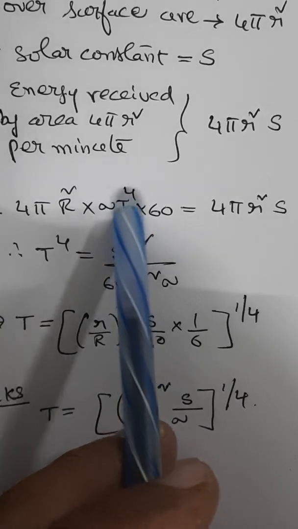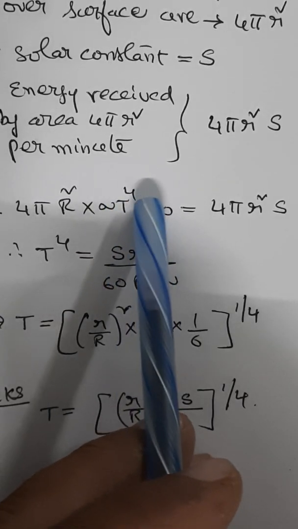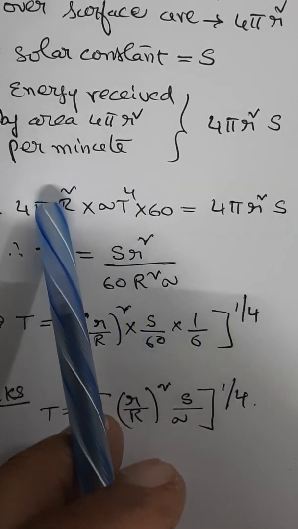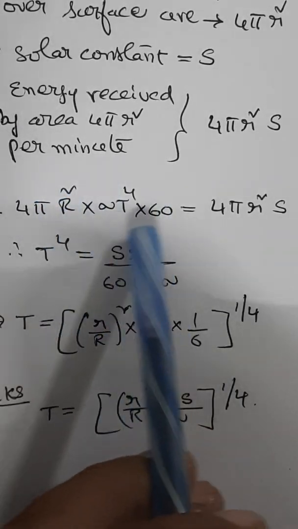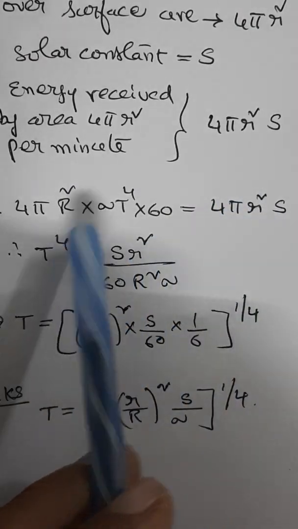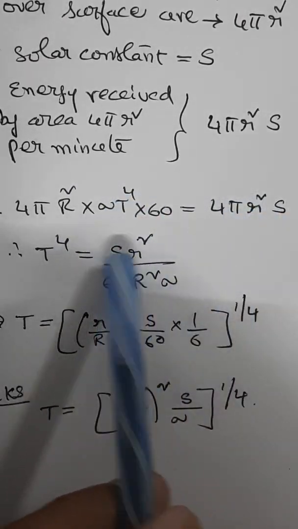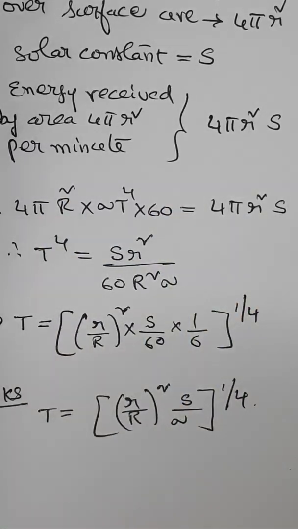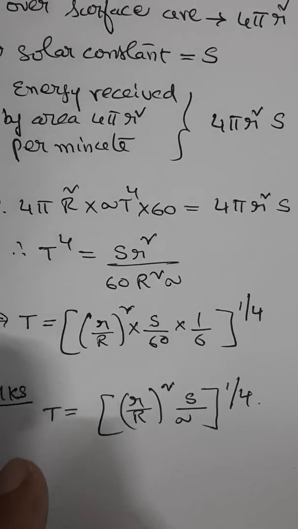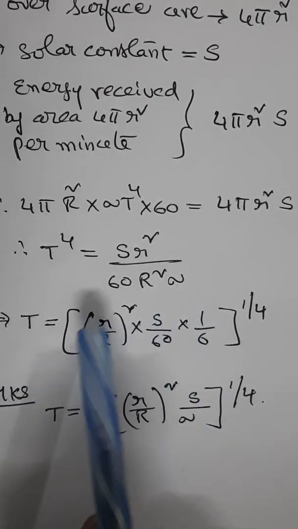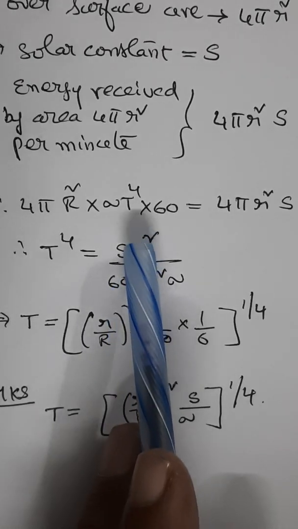So from this we can calculate T power 4, where T is the temperature. Keeping T power 4 only on the left hand side and sending the remaining quantities to the right side, you get T power 4 equal to S r square divided by 60 into capital R square into sigma. So from there, T can be simplified as small r square by capital R square.